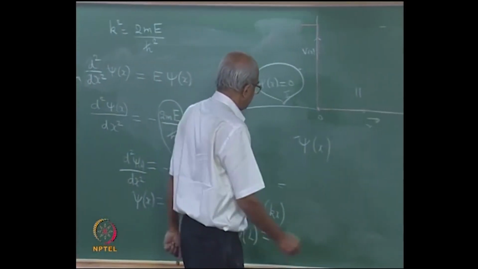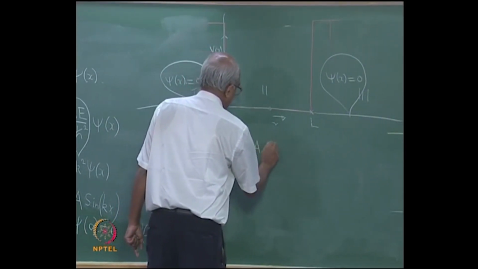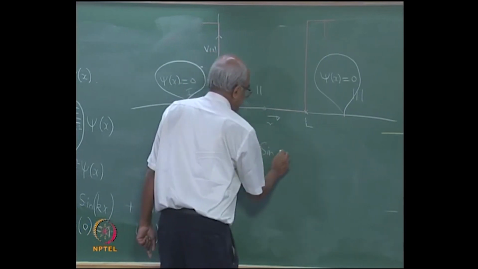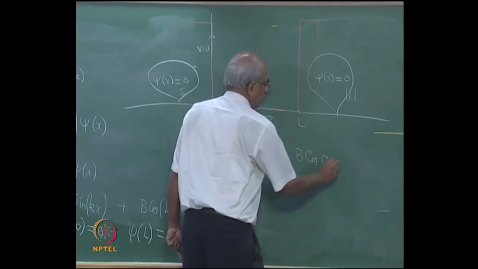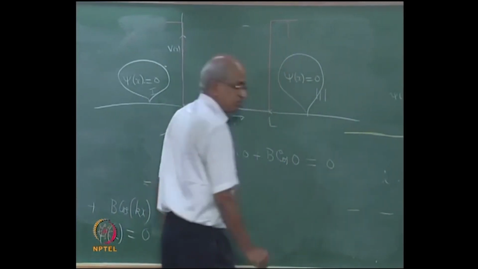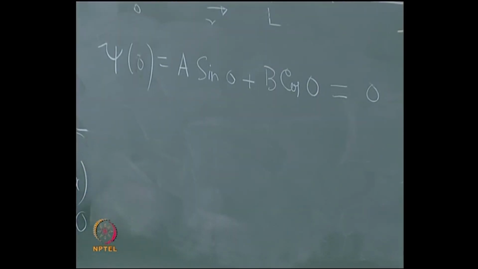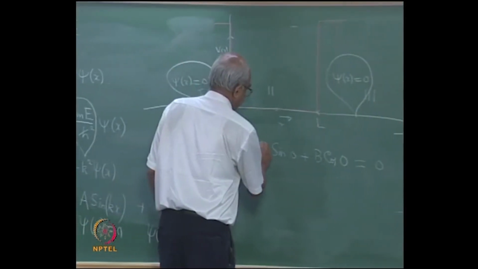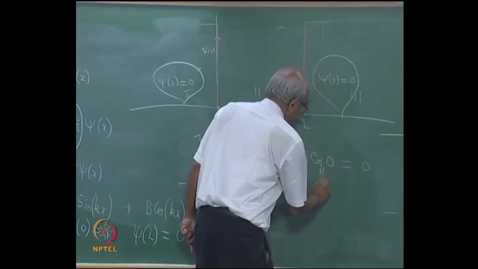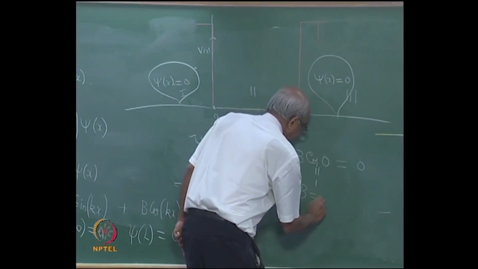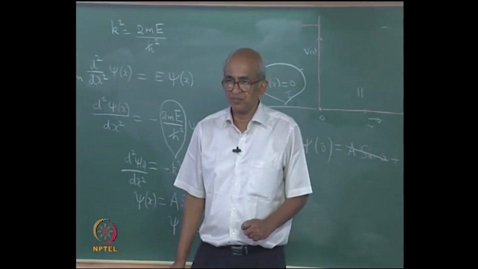So, if you do that, psi at 0 will be equal to a sin 0 plus b cos 0, and that must be equal to 0. Sin 0 I know is actually 0, so this term simply goes away, and cos 0 I know is equal to 1. So, in order to satisfy the first boundary condition, b must be equal to 0.